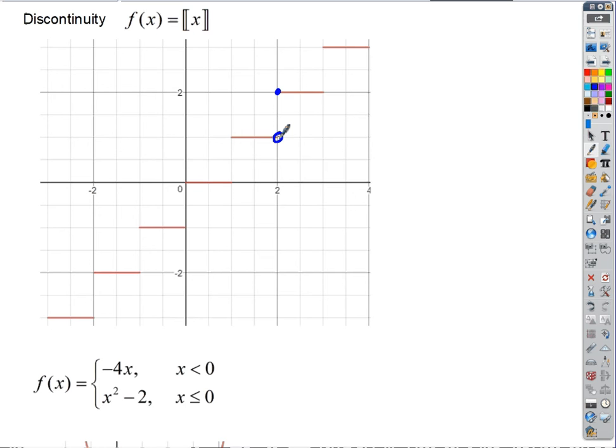So if we're trying to figure out what the slope is as we approach a value here, if we're trying to calculate the derivative from the left and the right, remind me real quick, what's our definition of a derivative? If this is f of x, what's f prime of x equal to?